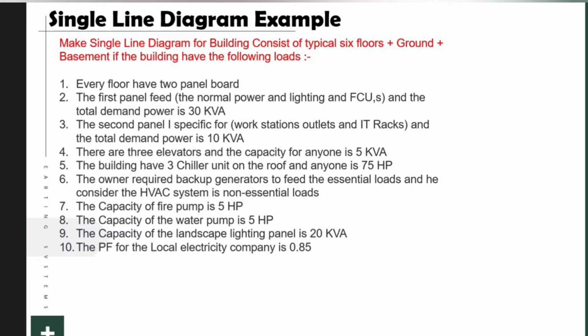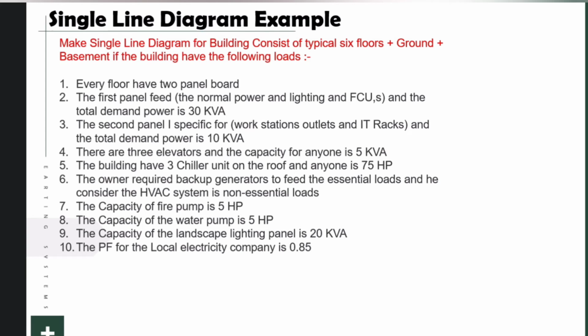I will give you a practical example to design and draw the single line diagram. Make a single line diagram for a building consisting of a typical 6 floors plus ground plus basement floor. The building has the following loads: 1. Every floor has 2 panels. 2.